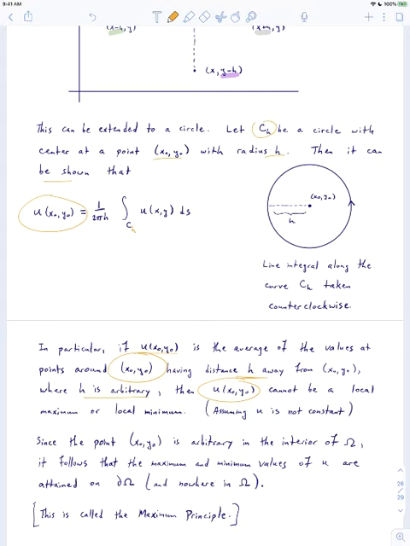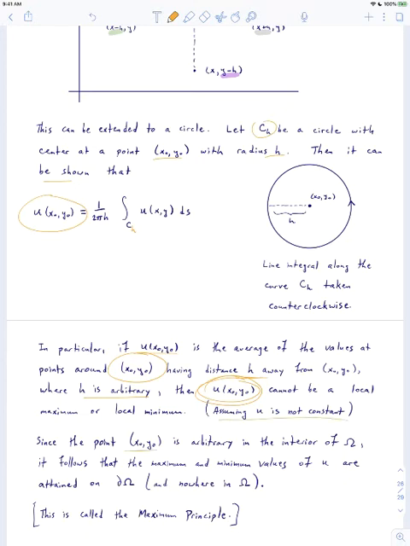So that means there must be a larger value or a smaller value further away from it, a larger value and a smaller value. So this value, u evaluated at the center of this circle, can't be a local maximum or a local minimum, because at any arbitrary distance away from it, there's something larger and something smaller, assuming u is not constant, of course.